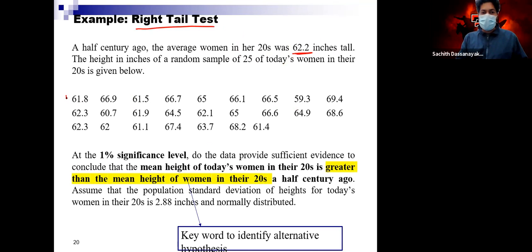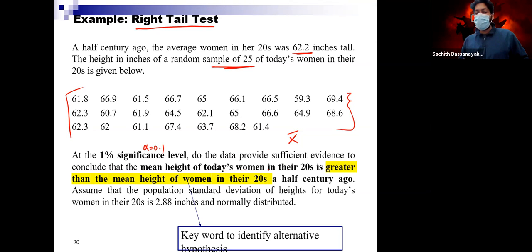These are the observations, there are 25 of them. Using these observations, you can find x bar. Let's say a 1% significance level, alpha is given, 0.01. This is what they ask.